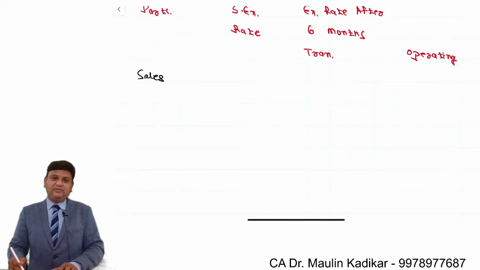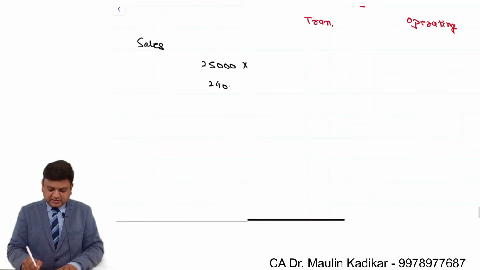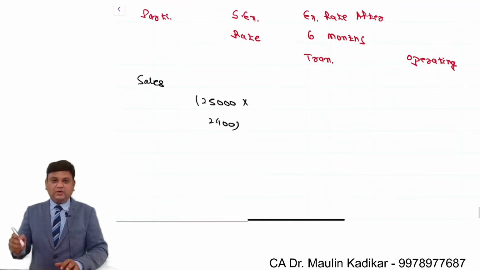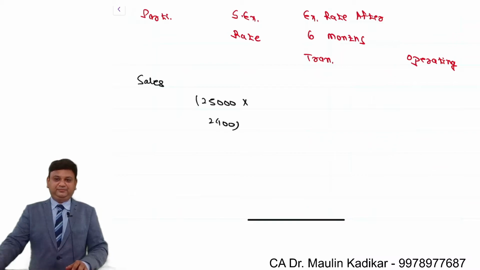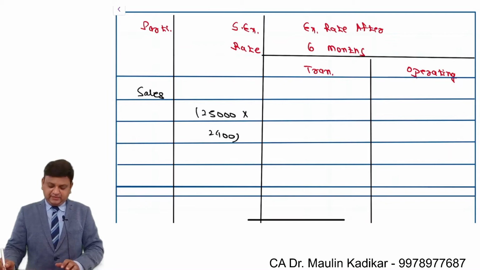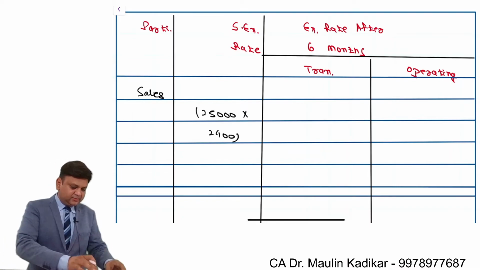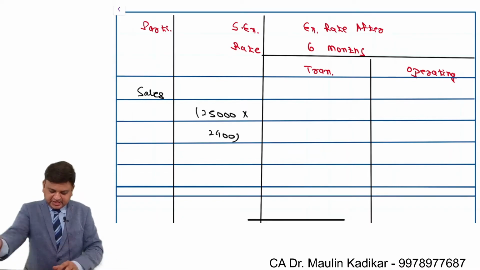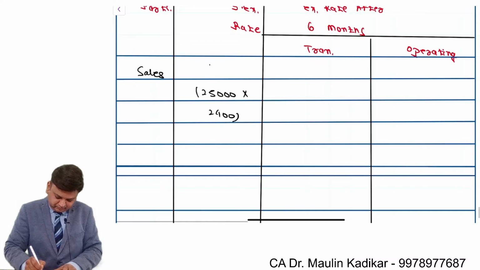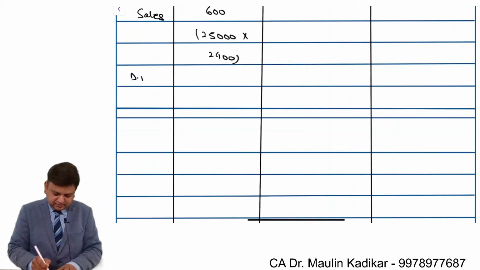As far as the sales value is concerned, we understand that 25,000 rupees is the selling price into 2,400 is the number of units, and so on. We are required to prepare the column. So over here the sales value is 25,000 into 2,400, that comes to an amount of 600 lakhs. Then we understand it's the direct material.